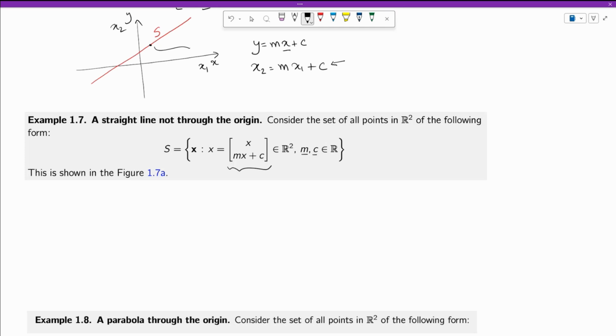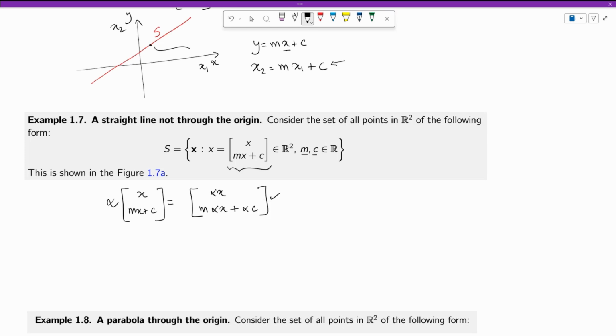You take x, mx plus c, and you scale by some scalar alpha. What do you get? Alpha x, and m times alpha x plus alpha c.